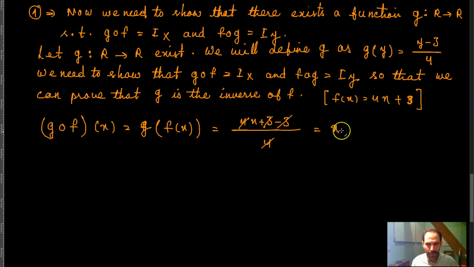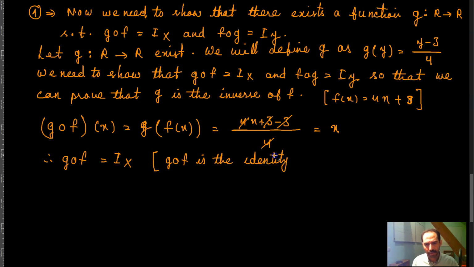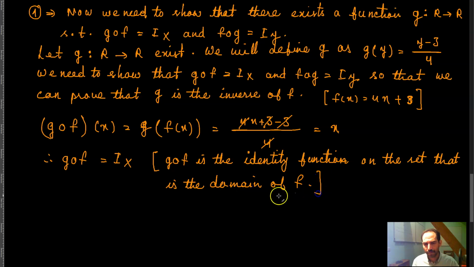And x is the variable that comes from the domain of the function, which means that any x that you input into this function is going to give you x back. So g of f is the identity function on the set that is the domain of f, right?